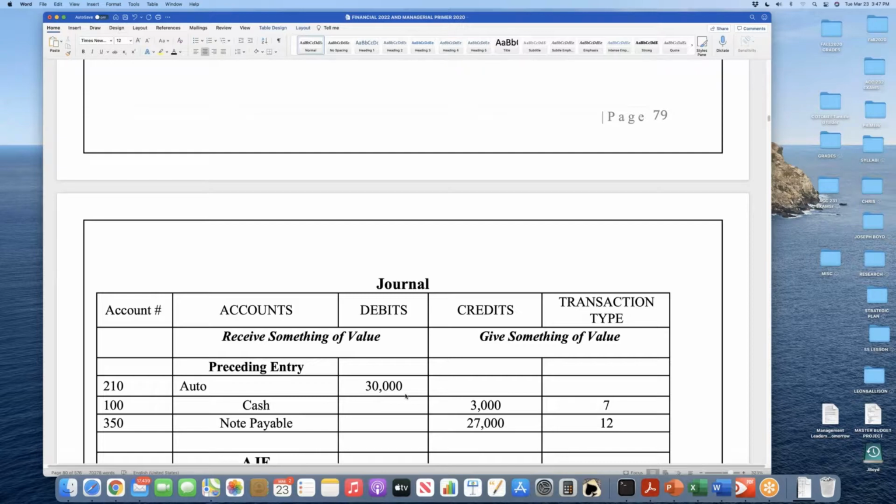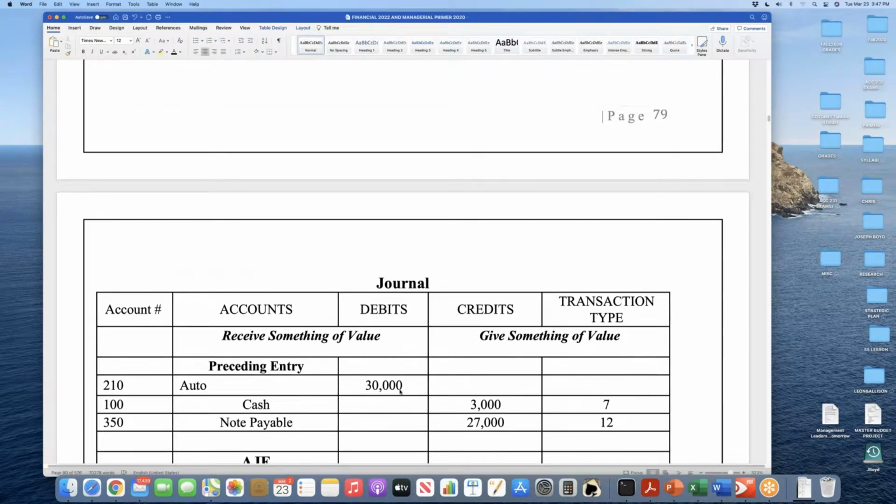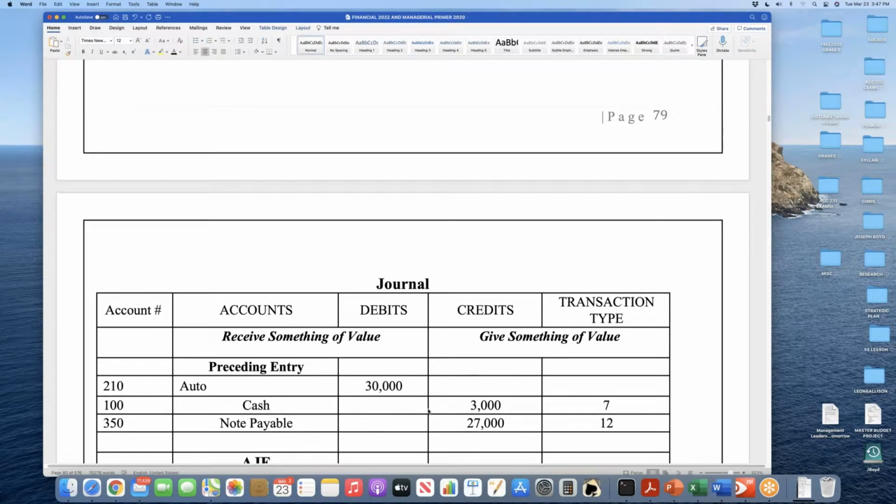Yes. Okay. Now, when the auto goes down in value, because this is a long-lived asset, we're not going to credit the cost of the asset. First of all, how much did it go down in value? It's got a 4-year life.